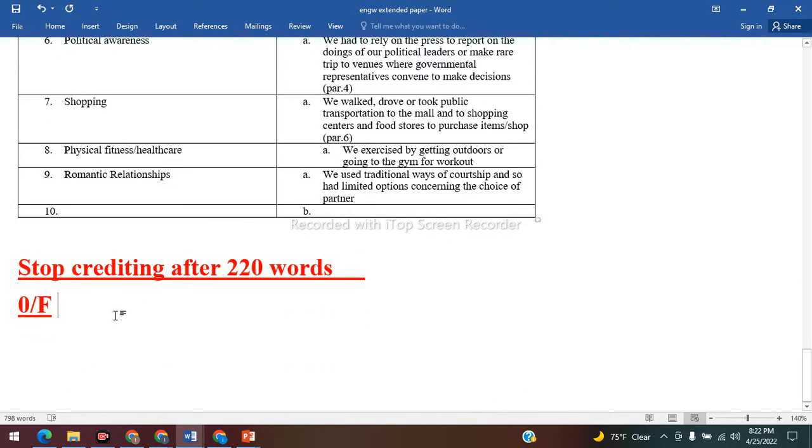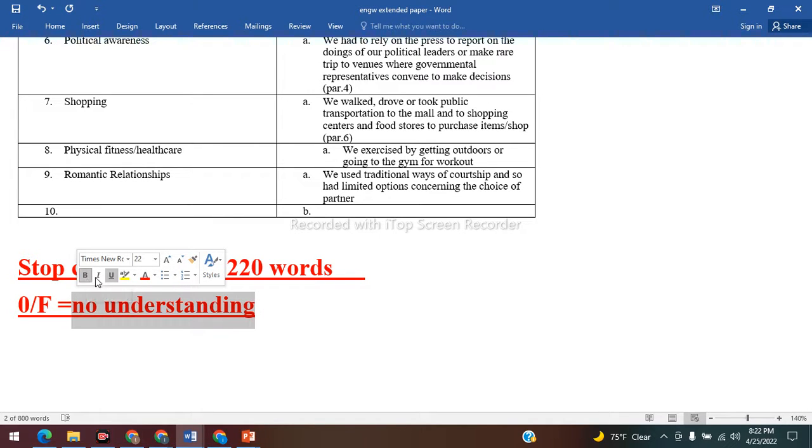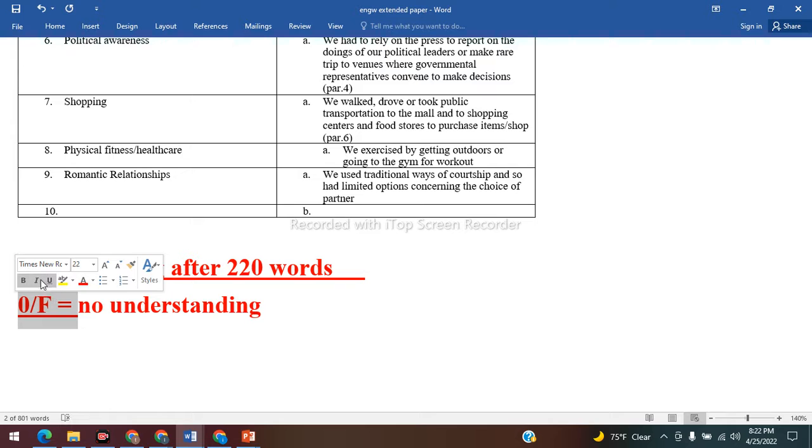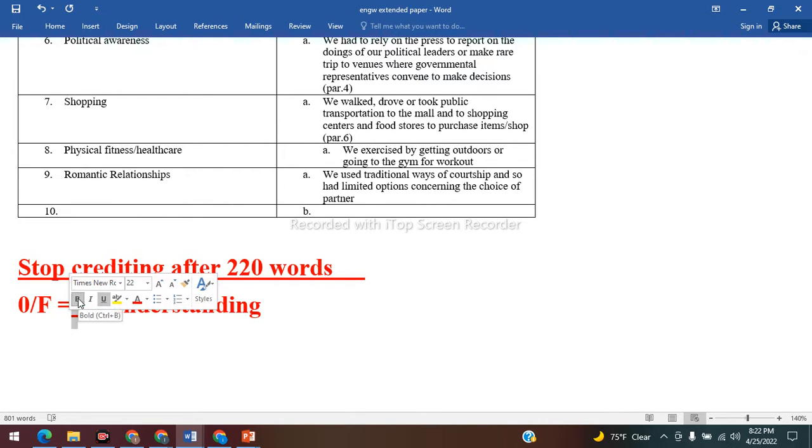If candidates talk about something way off the wall, that doesn't connect, and clearly shows they do not understand what the question is asking, then they get 0 marks.